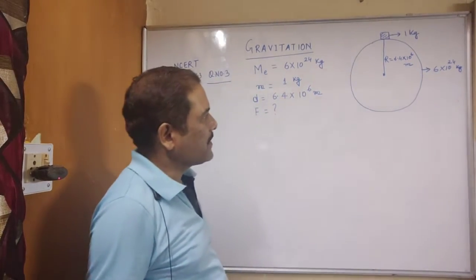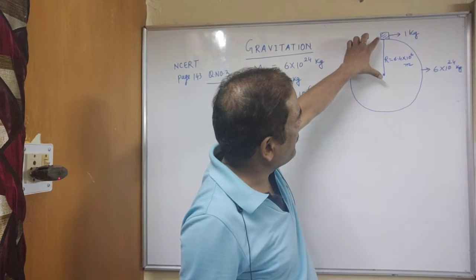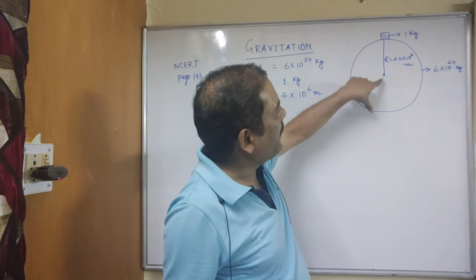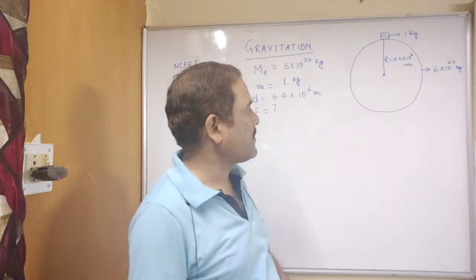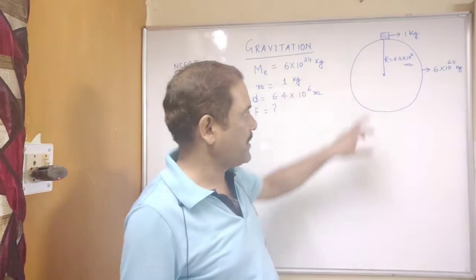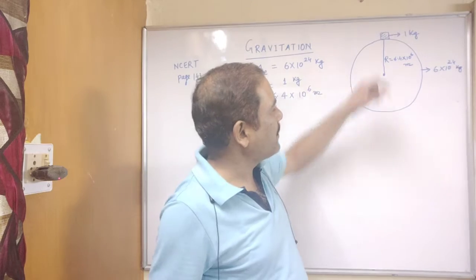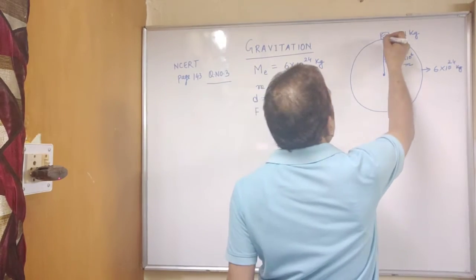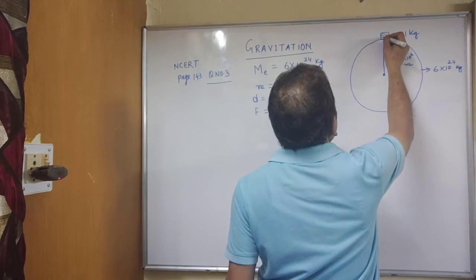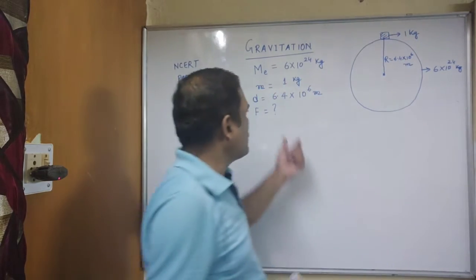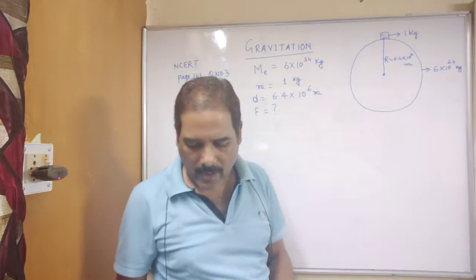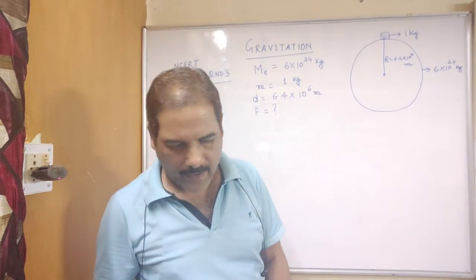So this radius is distance between the object and the center, because we have to take the distance from the center of two objects. So this is center of earth and this is on the earth's surface, very small object, 1 kg mass. So this distance is 6.4 into 10 to the power 6 meter.